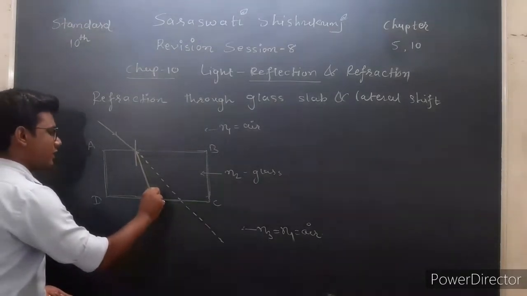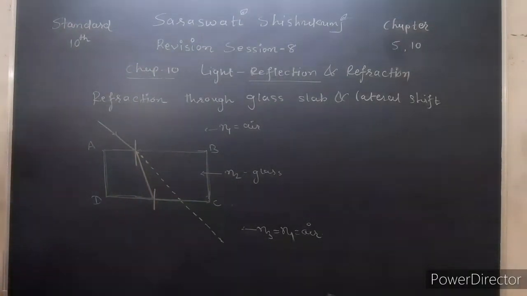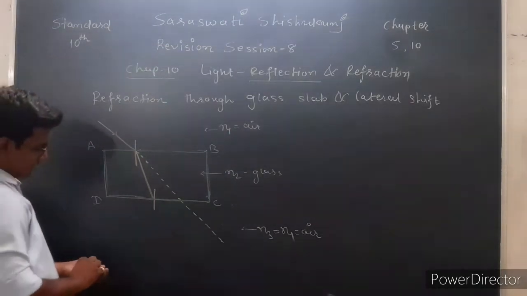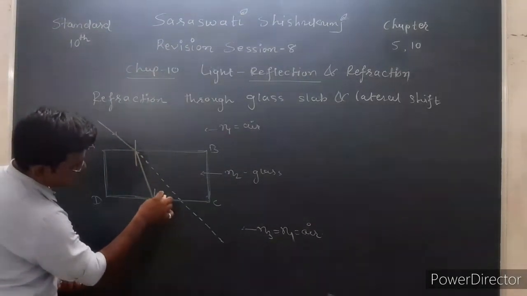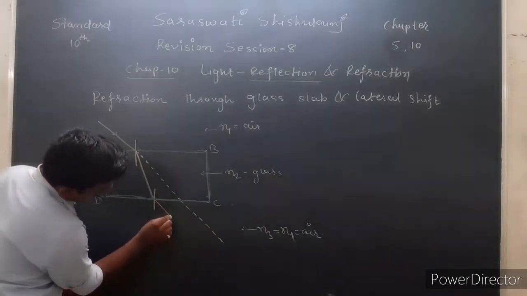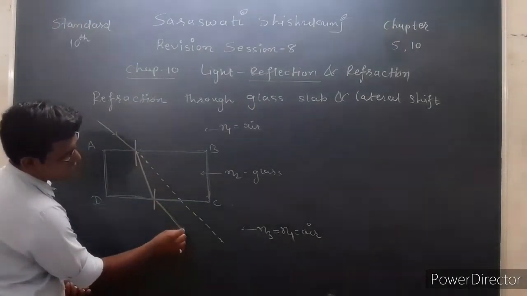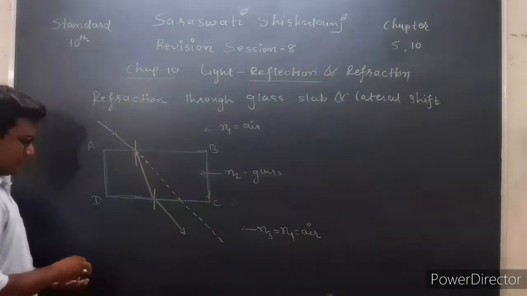As it moves towards the normal, here also we can draw a normal. And at last, this is our denser and this is our rarer medium, so it will emerge out in this way.